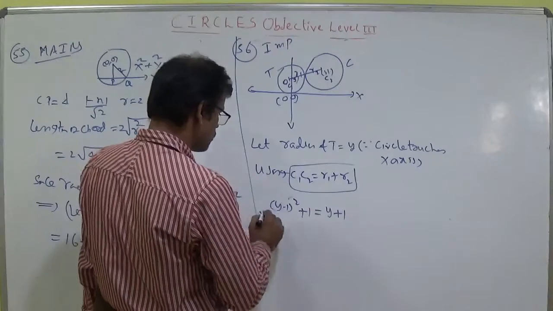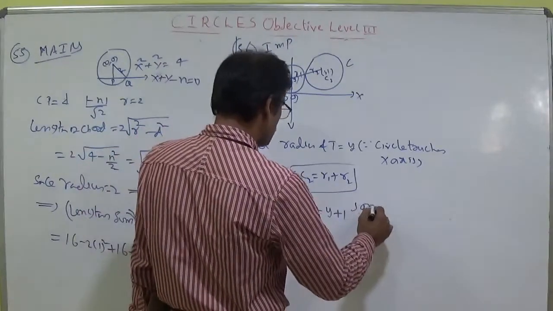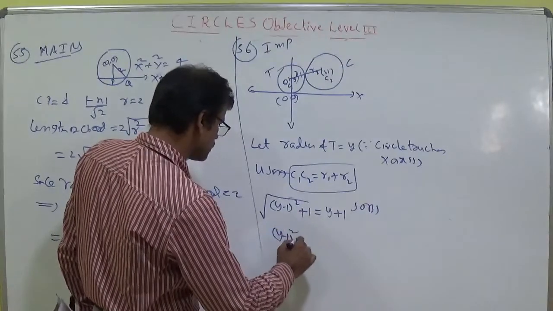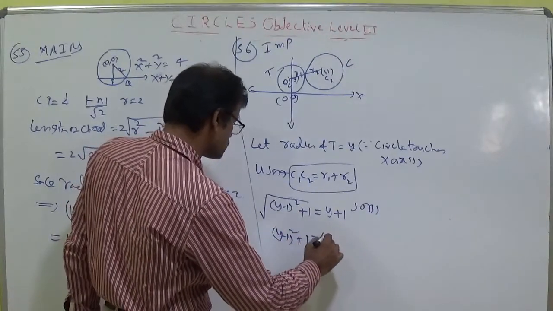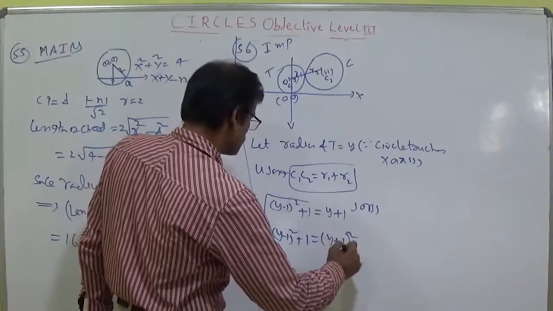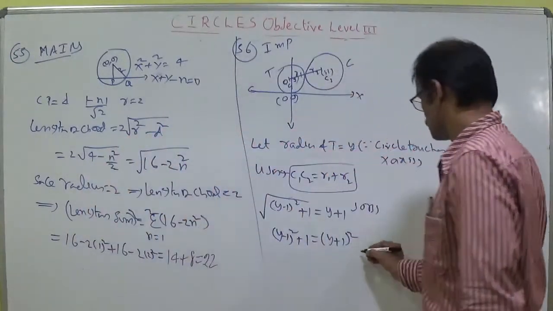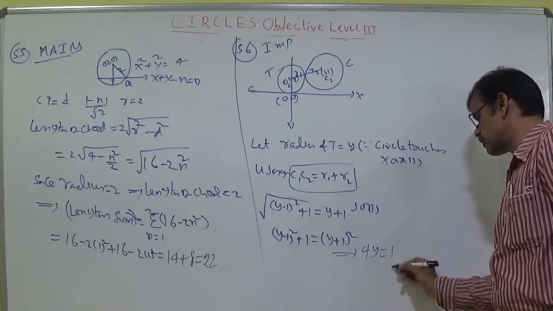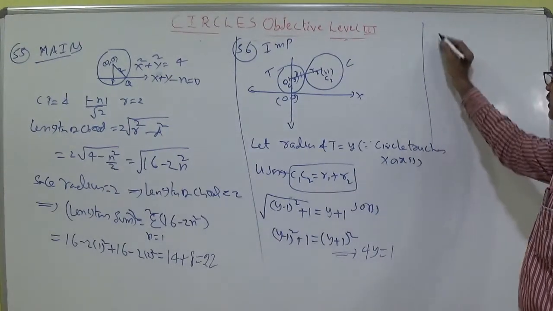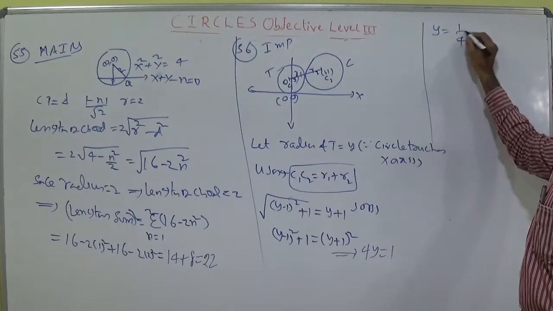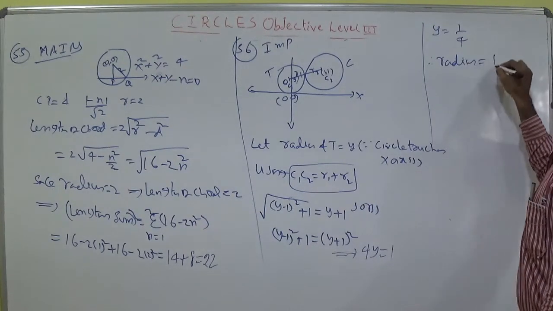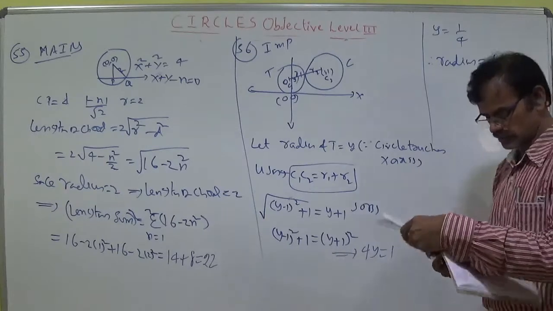Squaring both sides, (y minus 1) whole square plus 1 is equal to (y plus 1) whole square. That implies 4y equals 1, so y is 1 by 4. Y is nothing but the radius, so the radius is equal to 1 by 4.